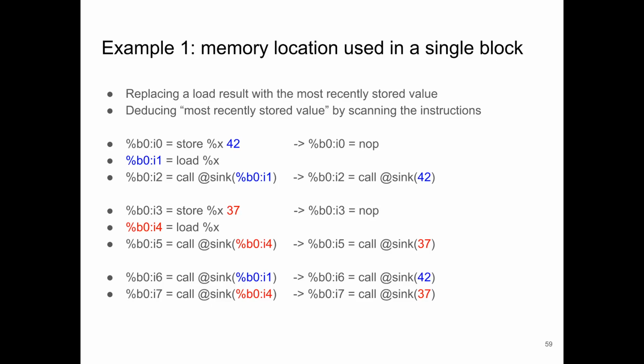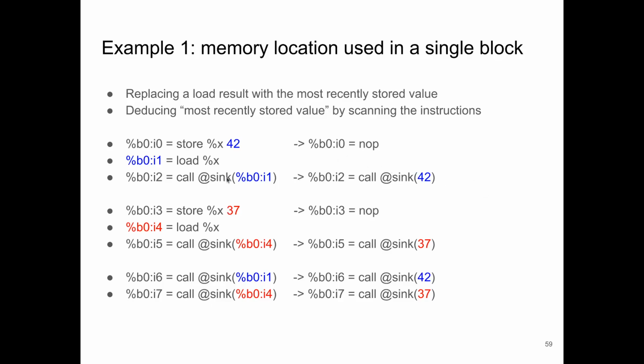So if this value is replaced with 42, then the optimization is kicking in as we expected, because we store a value 42 and we load it and then use it. And it should be the case that the loaded value here should be 42. So we are replacing the result of this load with 42.